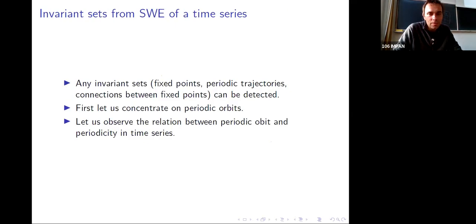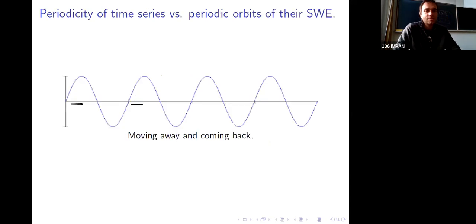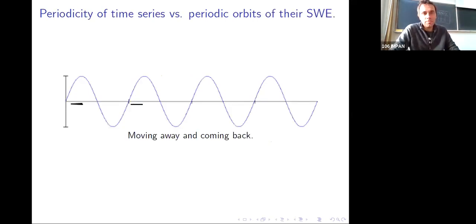Instead of looking at the real time series, let's look at something artificial. So a periodic time series gives periodic orbits for the following reason.